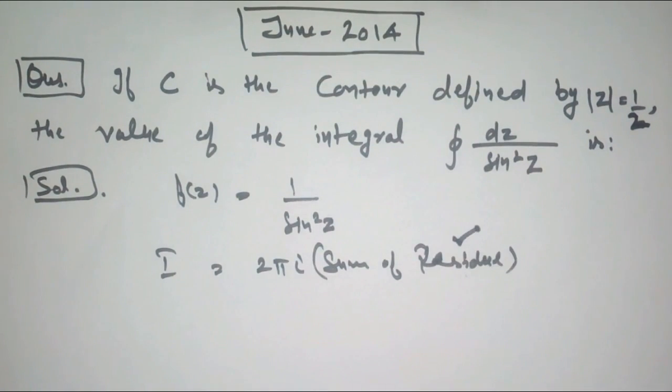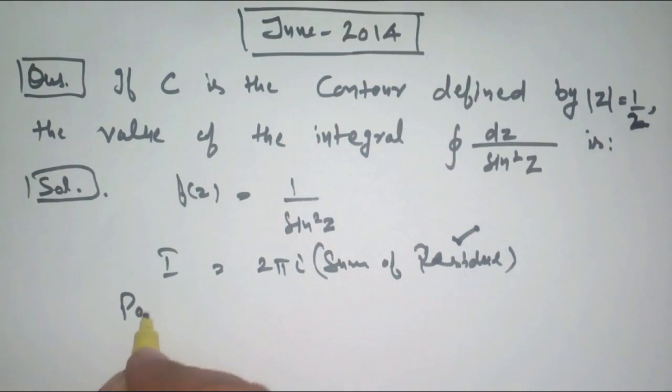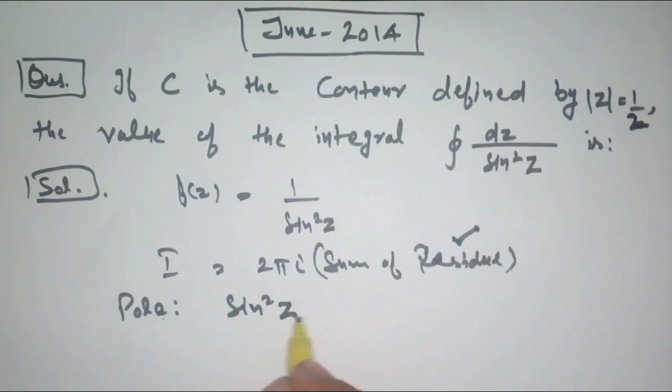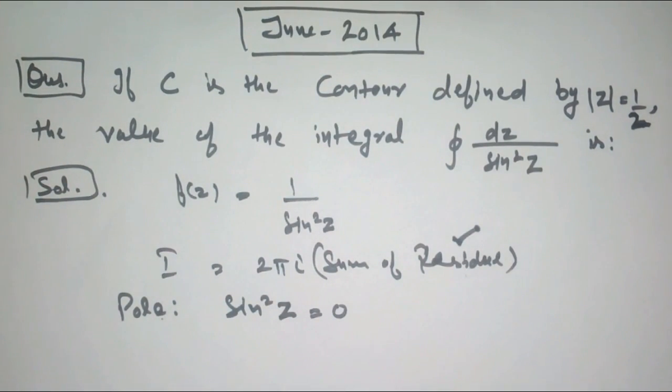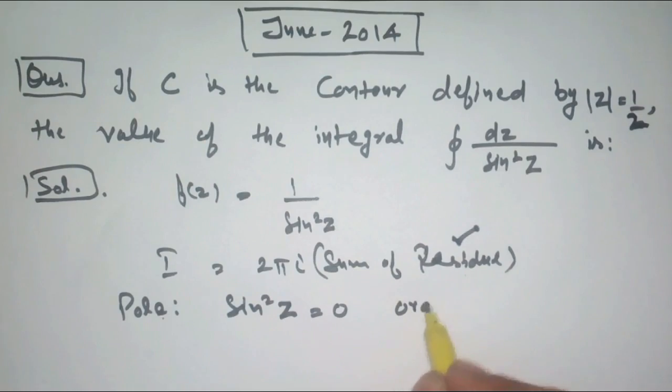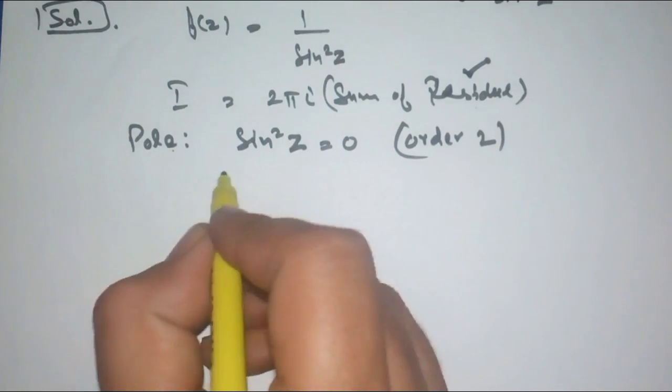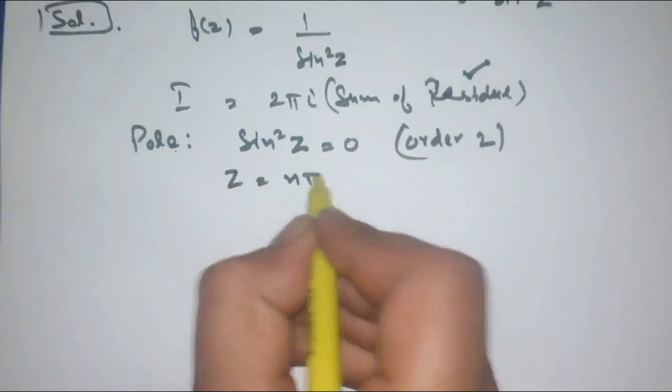First we have to calculate the value of residue at the pole which is under the contour. So let's find out the pole, which is sine square z equal to 0. This is sine square, so the pole is of order 2. Here z will be equal to n pi.